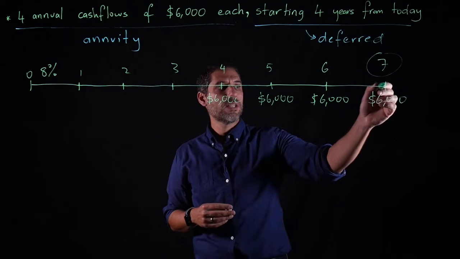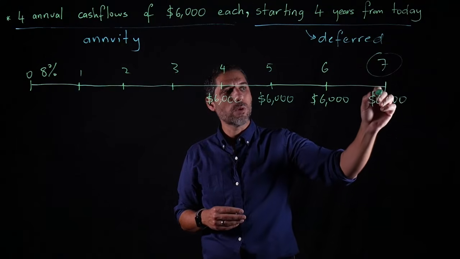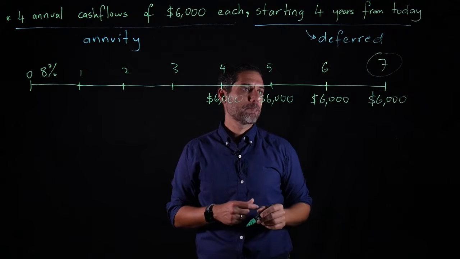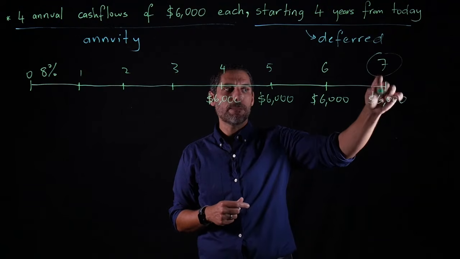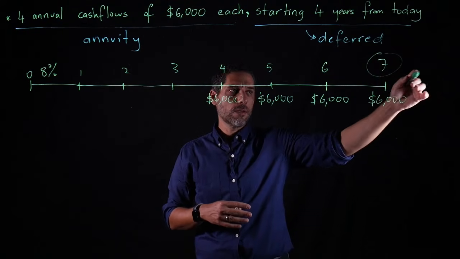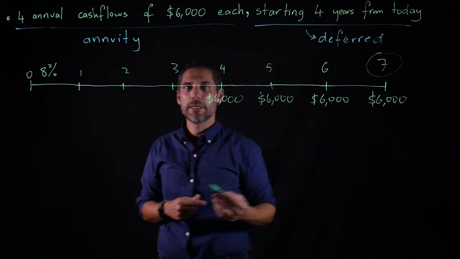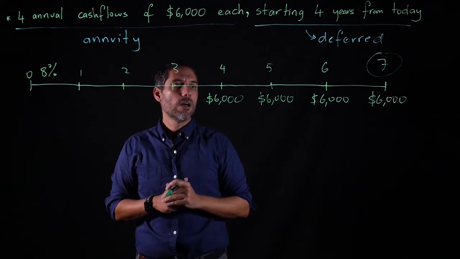An easy one is, say, at the end of year 7. So the last time, the point where we put the last $6,000, how much are we going to have in the account? Or it could be a future period. So we stop putting in money at this point, but then we let it grow, right? So it continues to earn 8% for however many more years. And then we can ask, okay, how much are we going to have at that point? All right, so let's start with this.